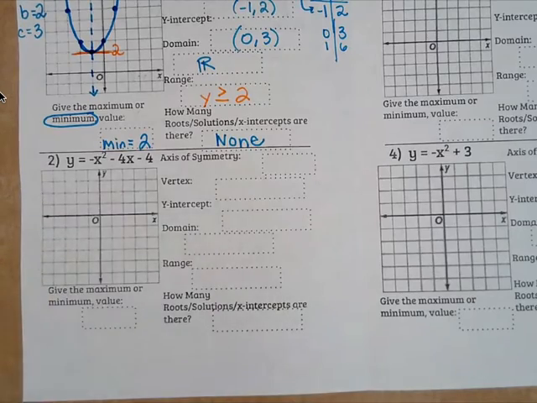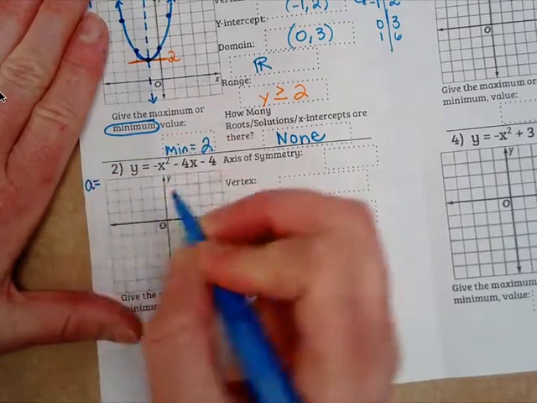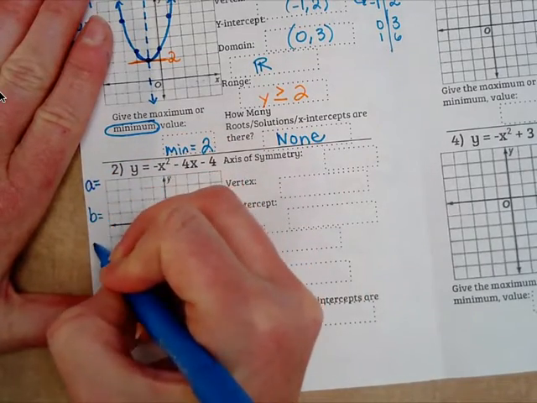All right, go ahead and do the next one. I want you to find the axis of symmetry first. Identify your a, b, and c.